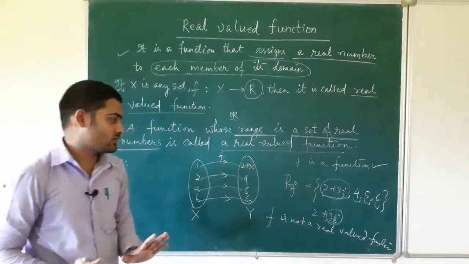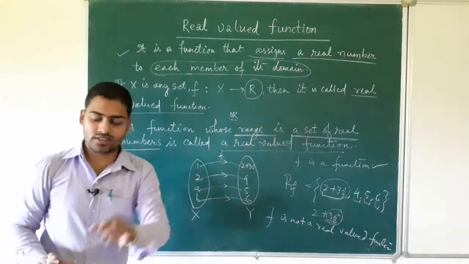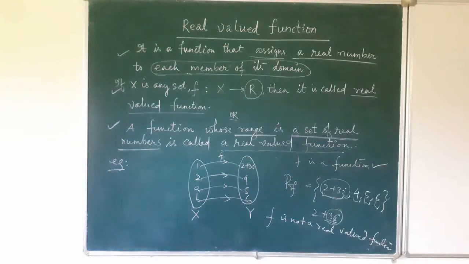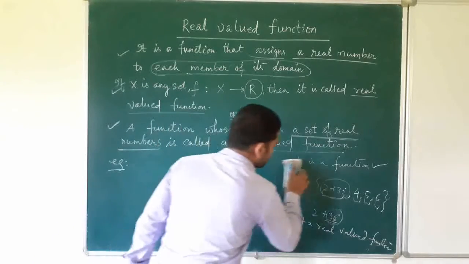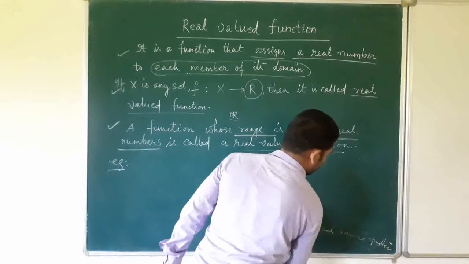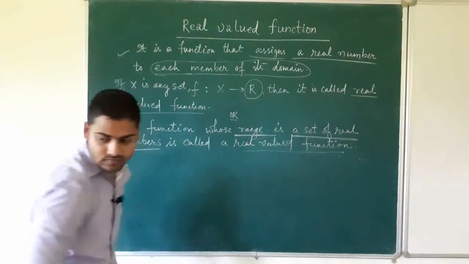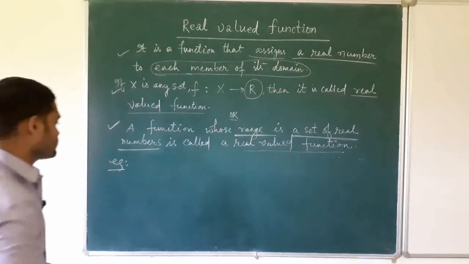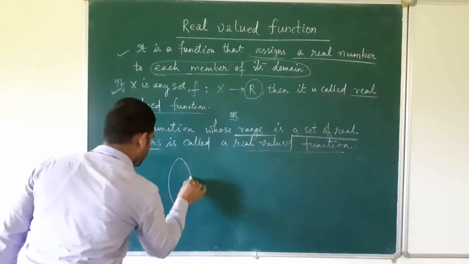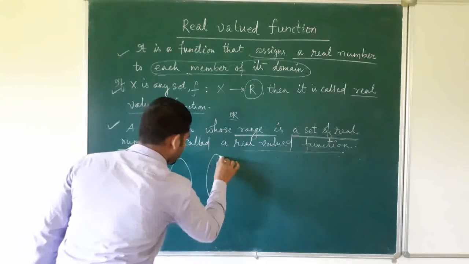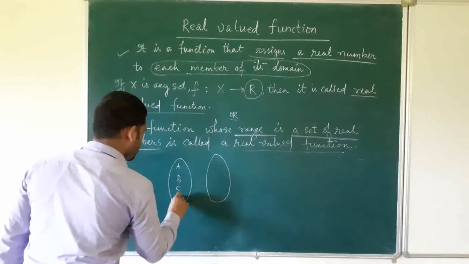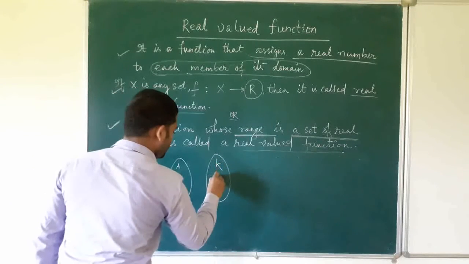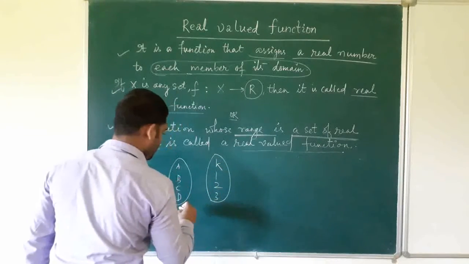Understood? I am taking another example. A, B, C, D, K, 1, 2, 3.